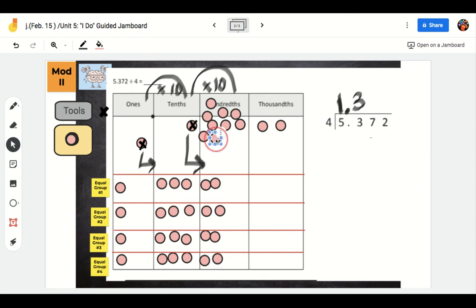4 groups of 4. No, excuse me, 2 groups of 4. 3 groups of 4. 4 groups of 4. Still got more to share. Keep sharing until you either share them all or you have a remainder. Oh, wow.